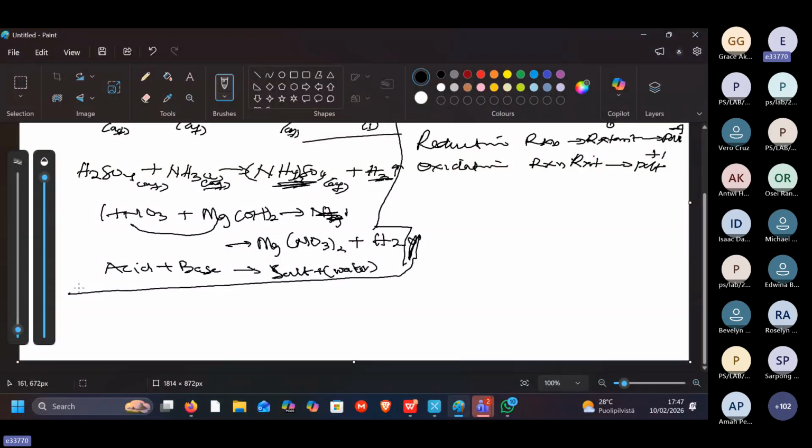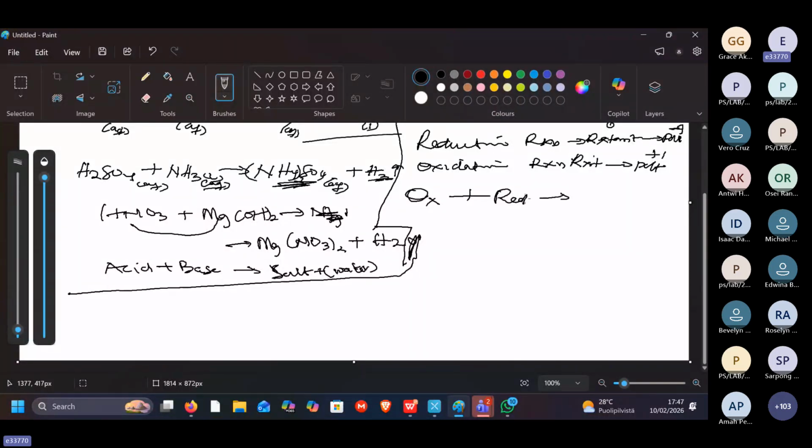Okay, so if I have a redox reaction, then I'm going to have a species which is going through reduction. At the end of it, that species, well, let me put plus here. There's also another species which is going through oxidation.